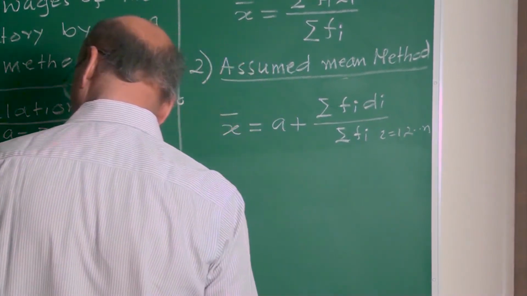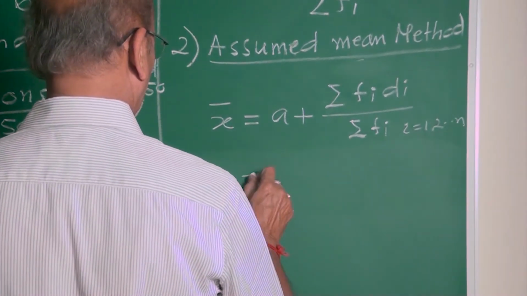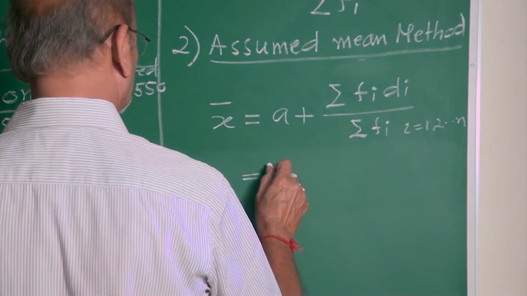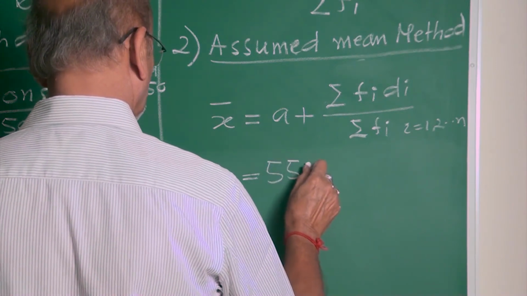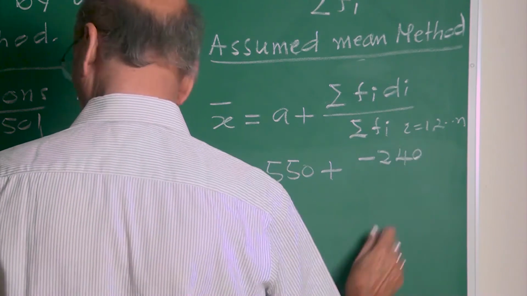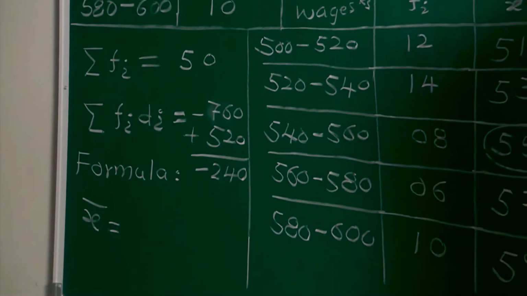The value of A is 550, plus, this is minus 240 upon sigma fi, which is 50.